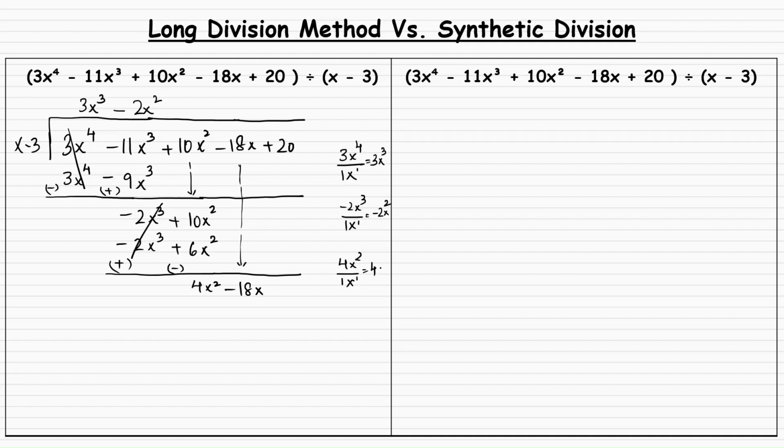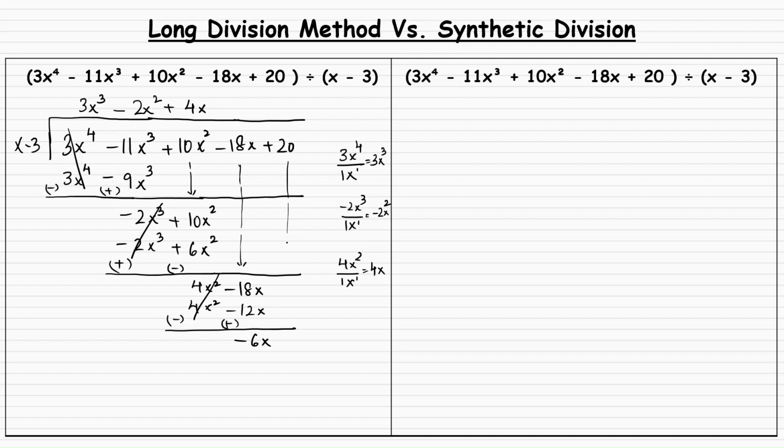X square divided by x1, x. That's my next term in the quotient, 4x. Multiply 4x with all the terms of the divisor. So 4x with x gives me 4x square. 4x multiplied by negative 3 gives me negative 12x. Subtract, change the signs. Cancel. Minus 18 plus 12, minus 6x.